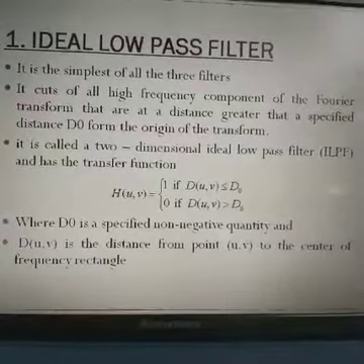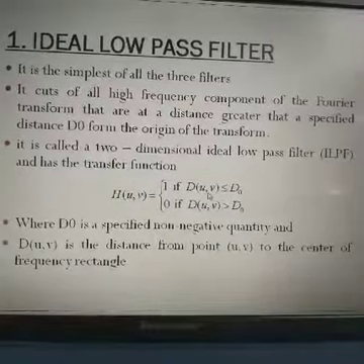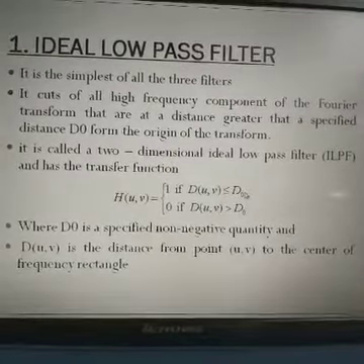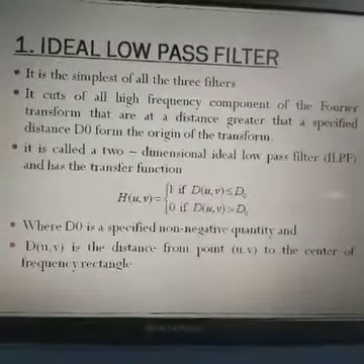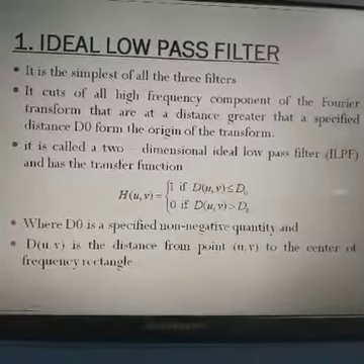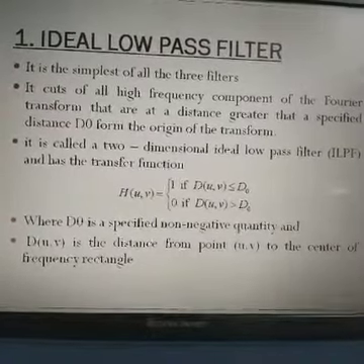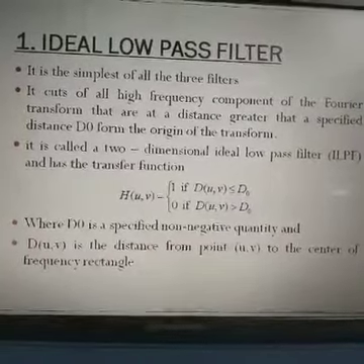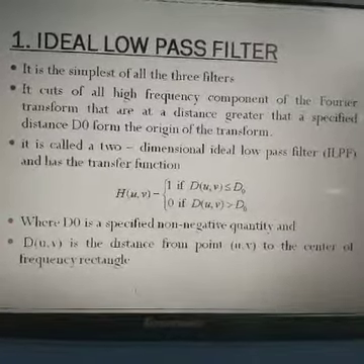It equals one if the distance from a coordinate (u,v) is less than or equal to the d naught value, which is the distance from the origin of the Fourier transform, and otherwise gives the zero value, if the distance from (u,v) is greater than d naught. Here d naught is a specified non-negative quantity. So D(u,v) is the distance from the point (u,v) to the center of the frequency rectangle.